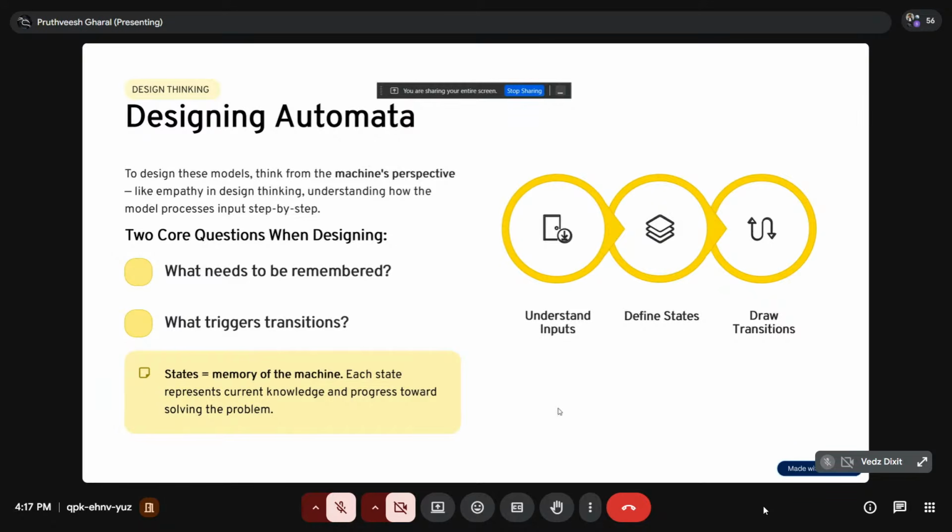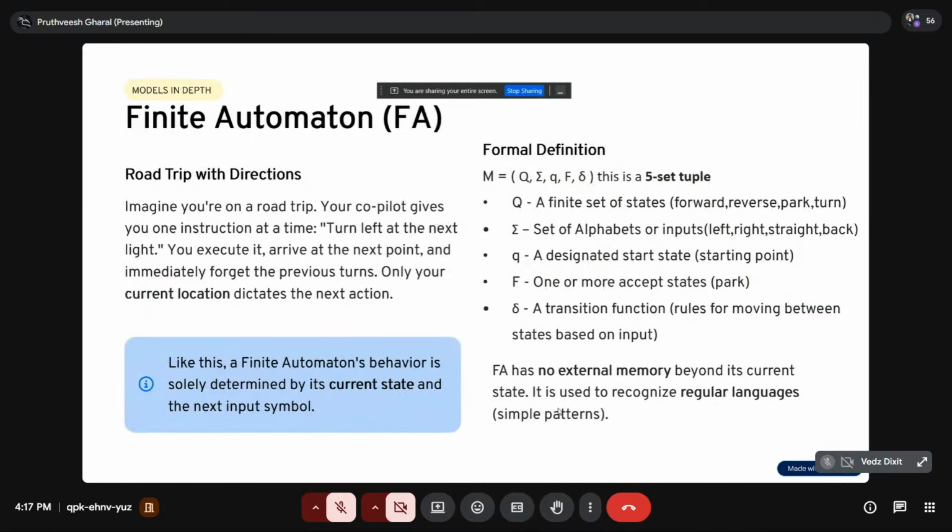You might have studied in a design thinking subject that one of the core principles in designing anything is to have empathy. So for a machine, we should have empathy for it. We should think from the perspective of that machine. This is a really important concept that we'll use, and we'll see how it applies later.